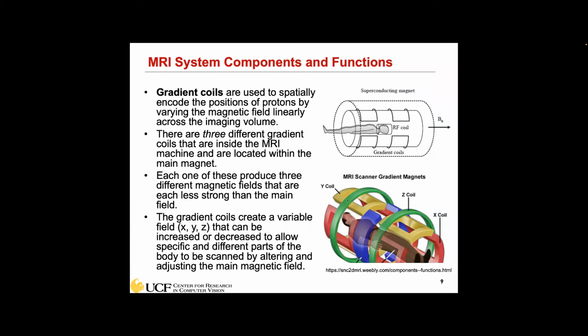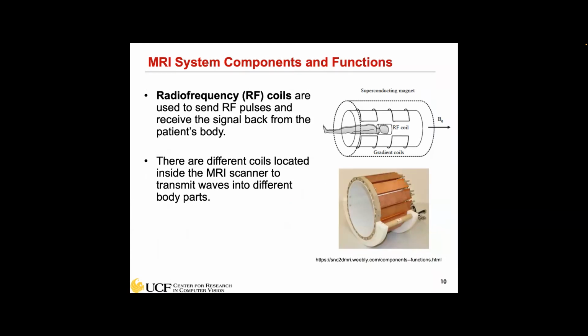In nature, this MRI image is going to be 3D, right? A 3D volume is able to capture different slices of the body. The next component, which you see here, is the radio frequency coil. It is used to send radio frequency pulses and receive the signal back from the patient's body.